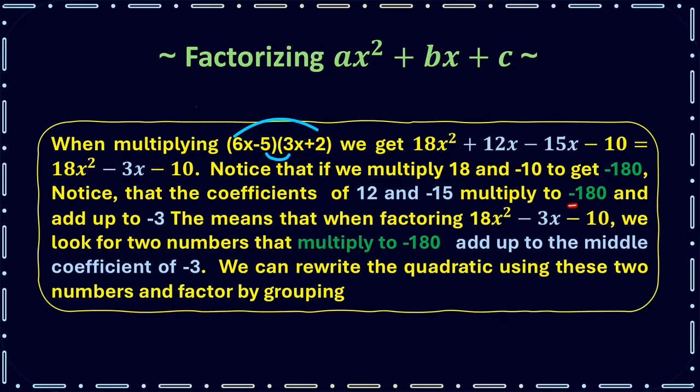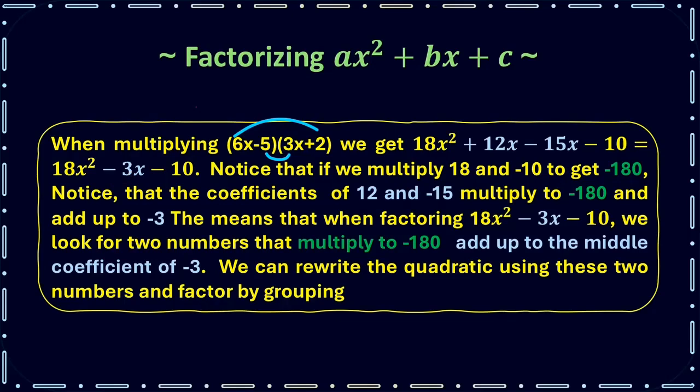Of course, negative 180 is the product of 12 and negative 15. So we know that there is a relationship between these two coefficients. They happen to multiply to negative 180. At the same time, 12 and negative 15, when combined, give you negative 3.